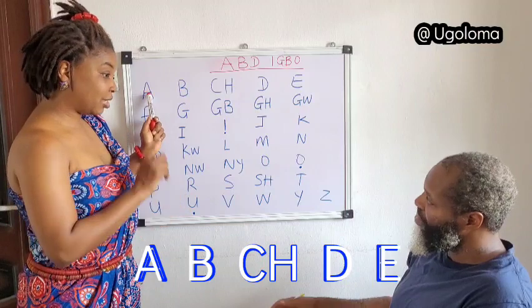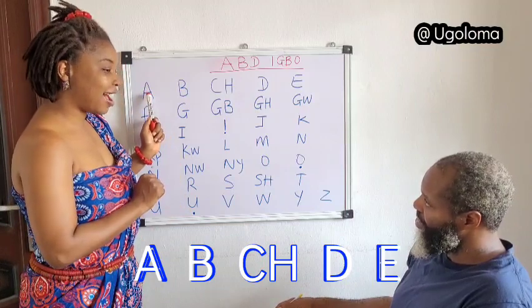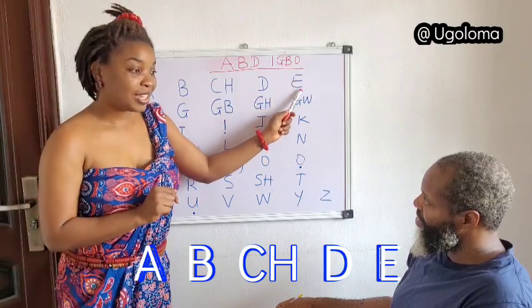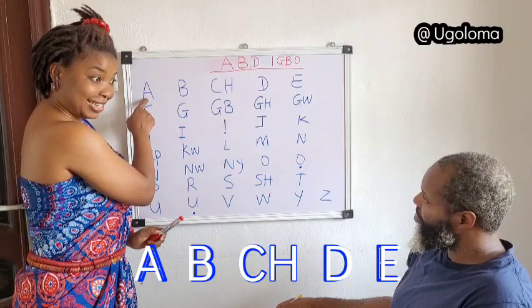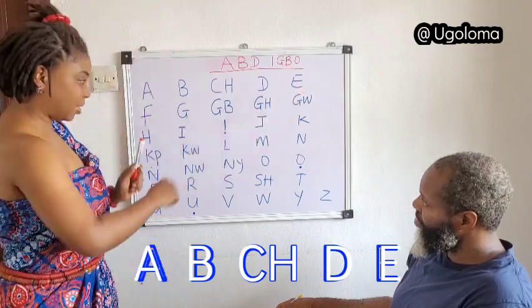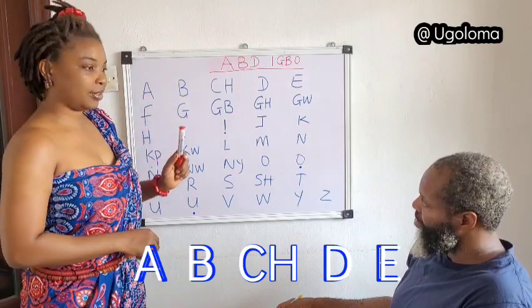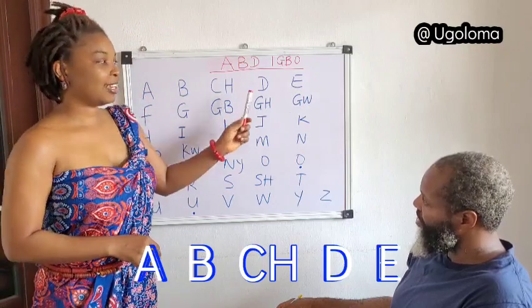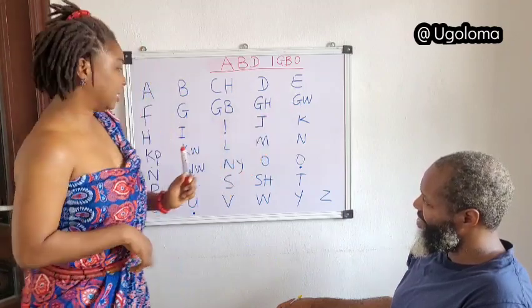But in Igbo, it is A. Correct. So this in English is A, but this in Igbo is A. So remember that. So let's go again. A, B, Ch, D, E. I hope you follow.